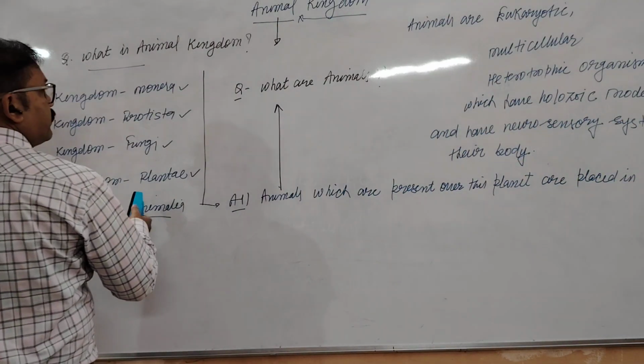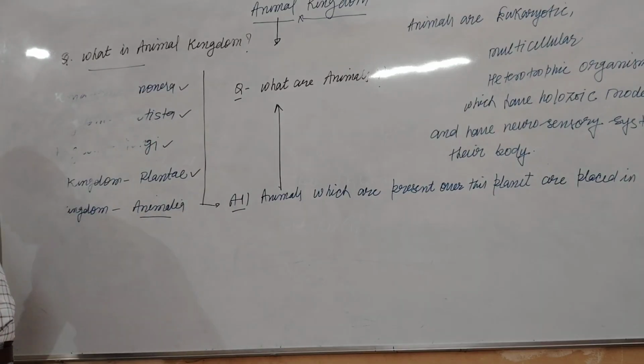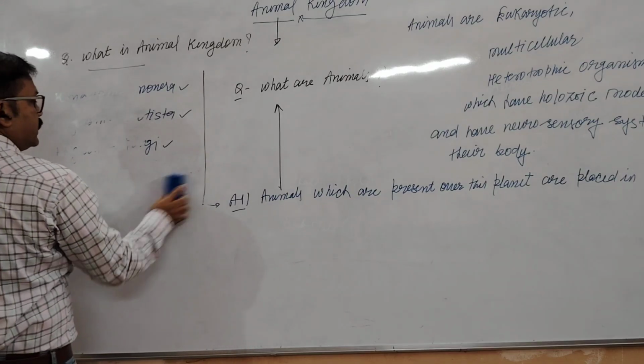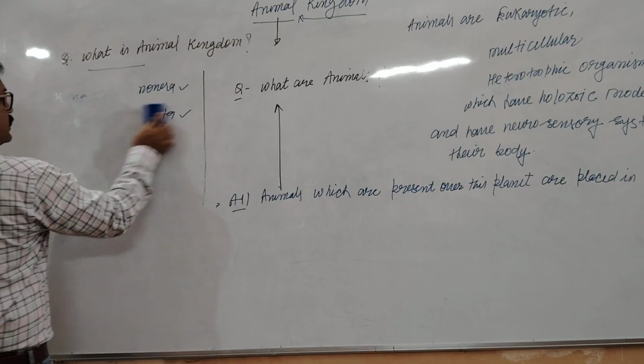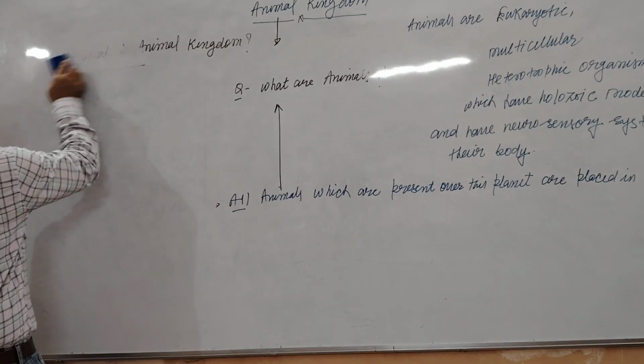My dear students, you will find that there are so many animals present over this planet. We have discovered so many species of animals. As you know, over a million species of animals have been described till now.